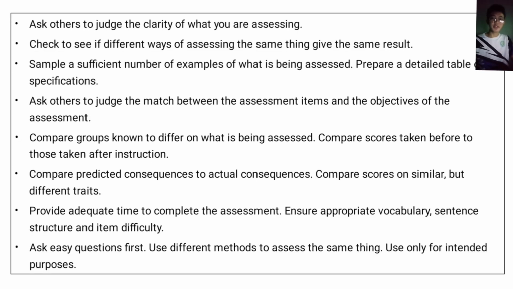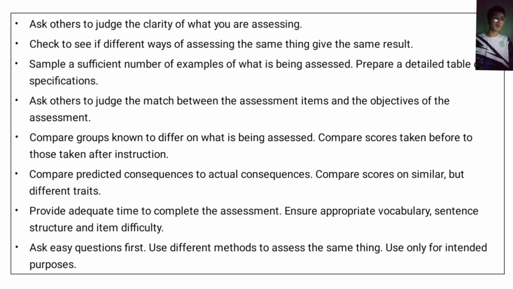So if we have the threats to validity, we also have the steps or ways to counter those threats and enhance the validity of the assessment. First, ask others to judge the clarity of what you are assessing. So we need help from others to judge the clarity of what we are assessing.